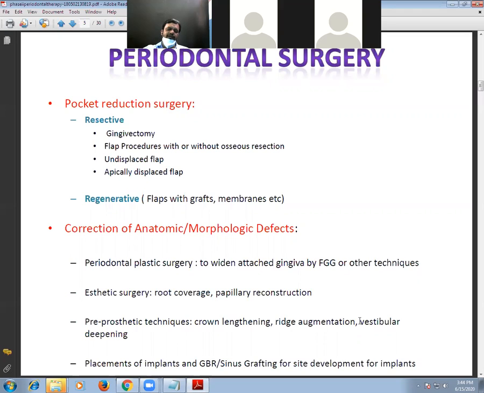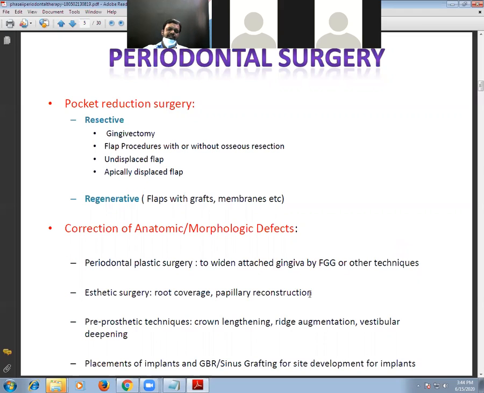This is for better retention of your complete denture. Then placement of implants is usually performed, as well as GBR, that is guided bone regeneration. Whenever you are placing implants and the buccolingual width of your alveolar bone is less, in those cases we do GBR.